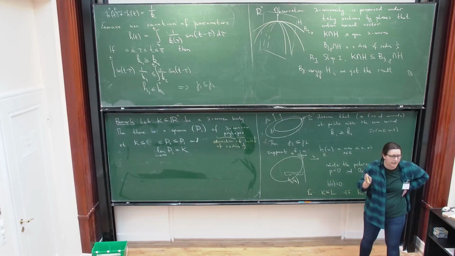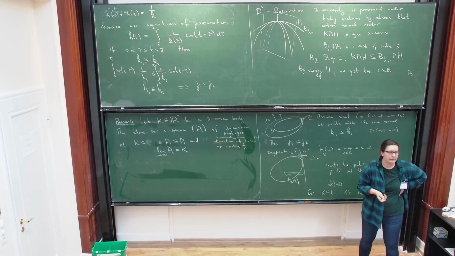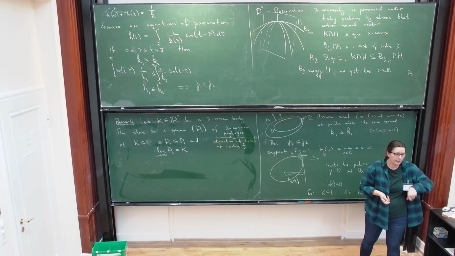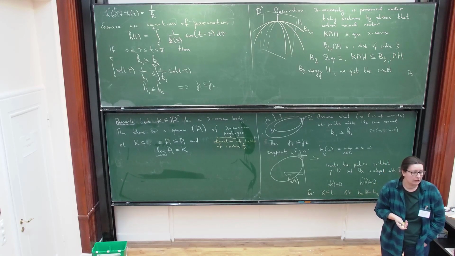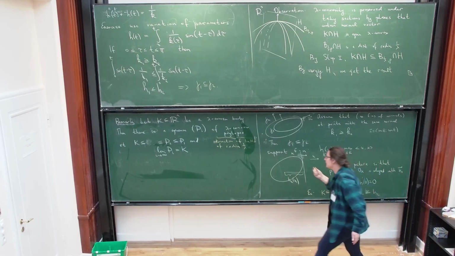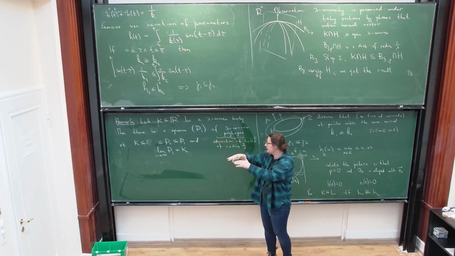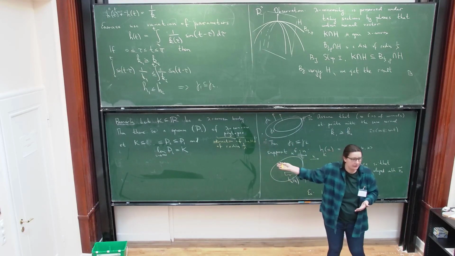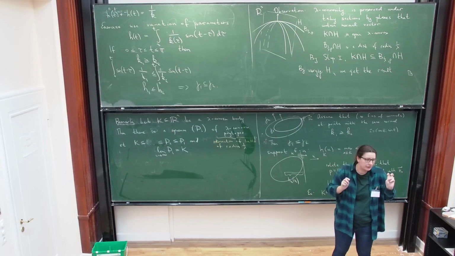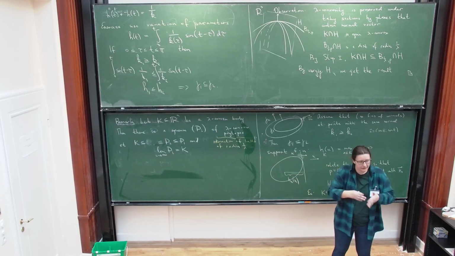So does it mean that we can also take balls with curvature greater than lambda? Yeah, you can touch with a larger ball, but they're always going to be 1 over lambda. This is kind of the limiting case.